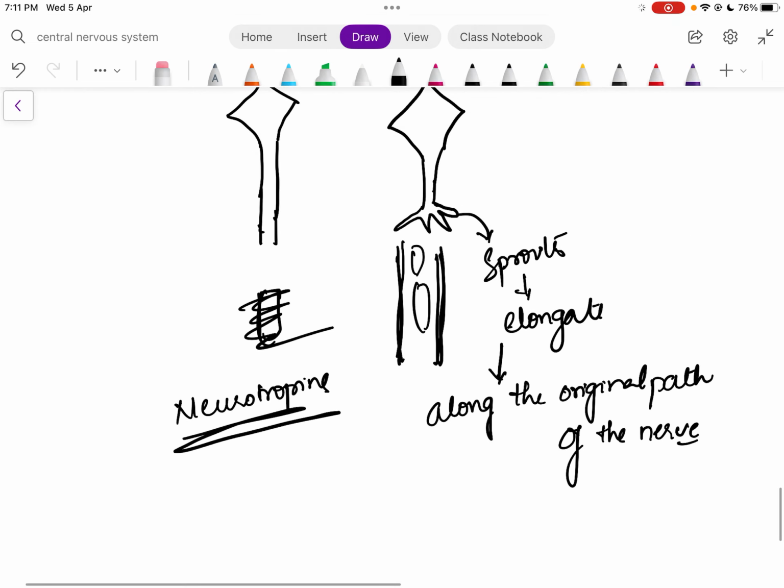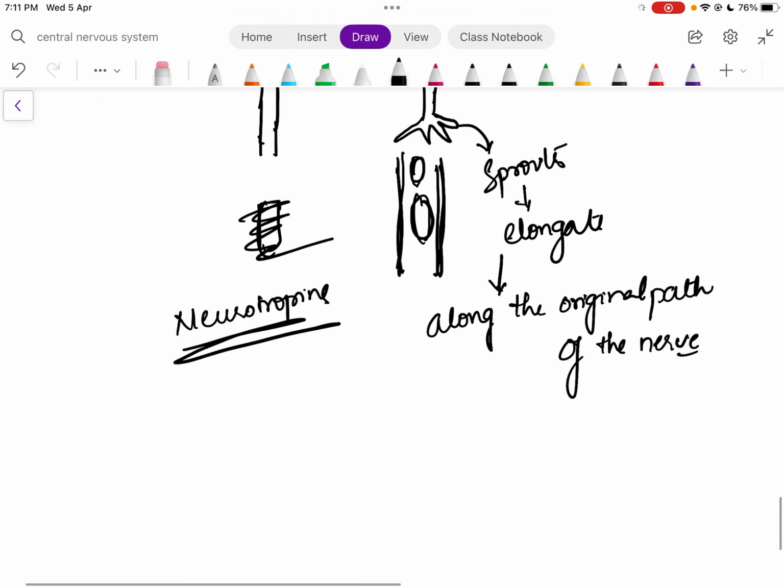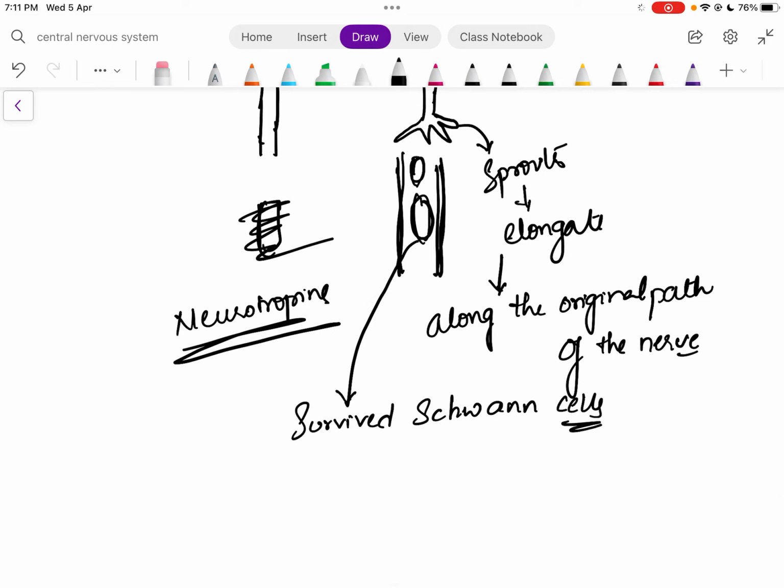And these are the survived Schwann cells, which are present in the distal stump.